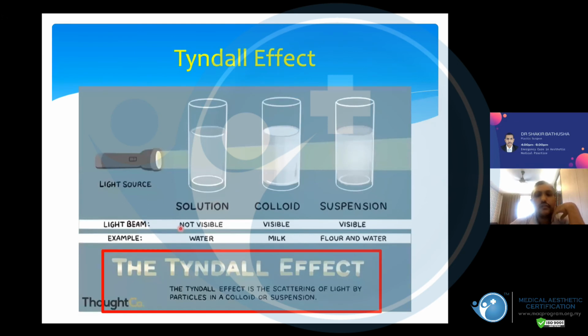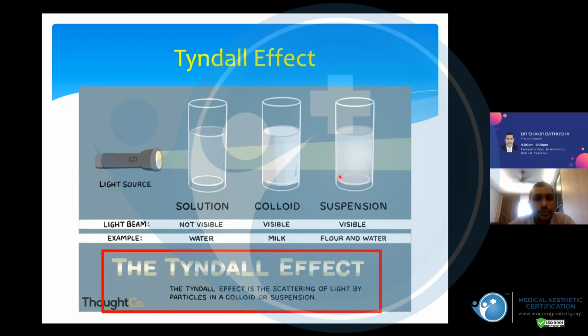One important physics phenomenon that you see with fillers is the Tyndall effect. What happens? The Tyndall effect is because of scattering of light by particles in a colloid suspension. The skin around the periorbital region is one of the thinnest skin in the body, and you put a filler into that thin area, an area with atrophy of the dermis.